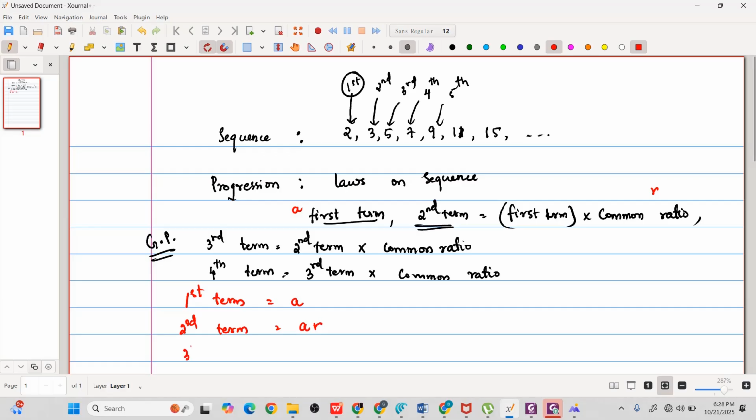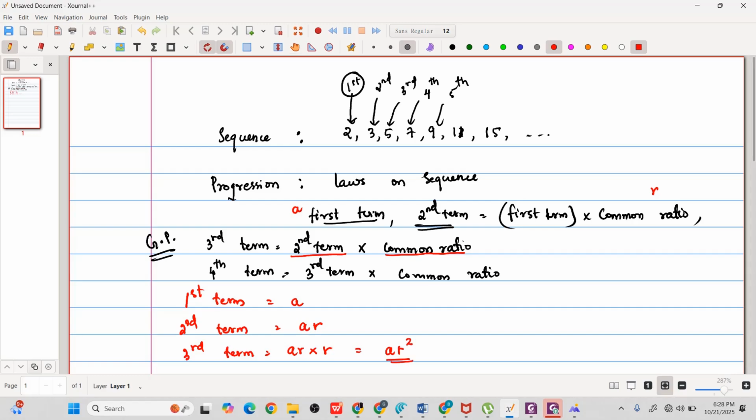The third term is the second term multiplied by the common ratio. What is the second term? It is AR, multiplied by the common ratio R. So AR into R, and R into R makes AR square.